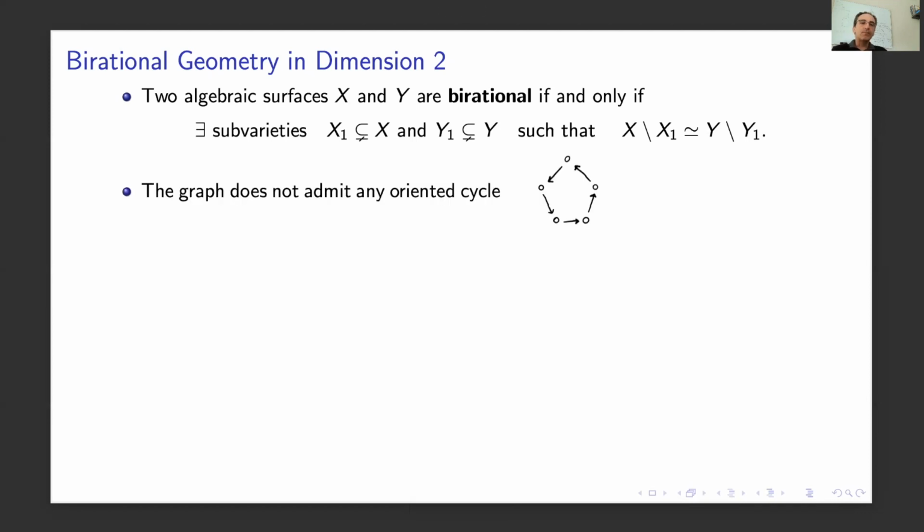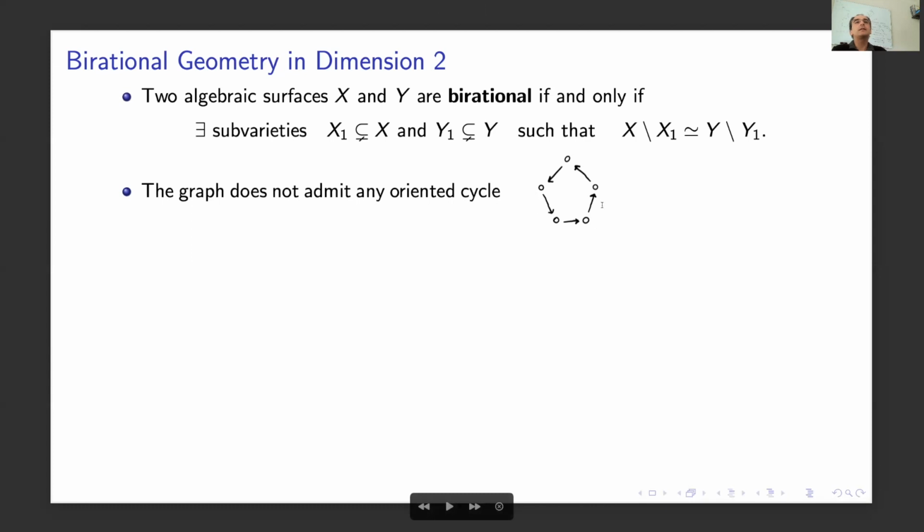Now let's see some more simple properties of this huge graph. First of all, it's possible to show, and I'm going to present a very, very simple proof in 1 minute, that there are no oriented cycles inside this graph. An oriented cycle is easier to see in a picture rather than define.